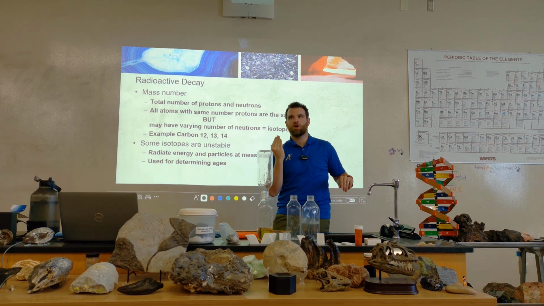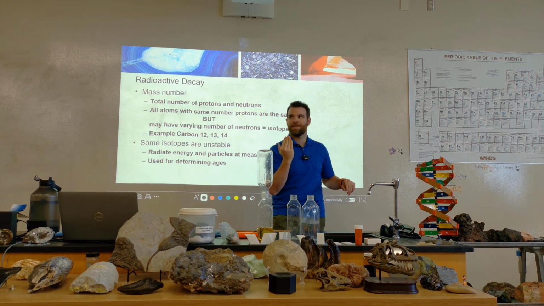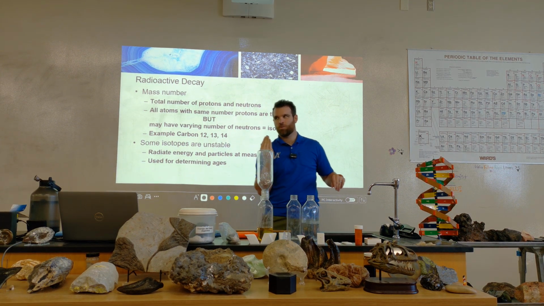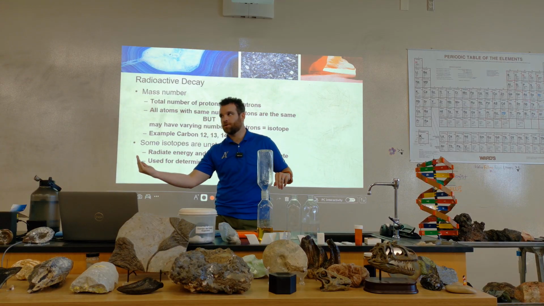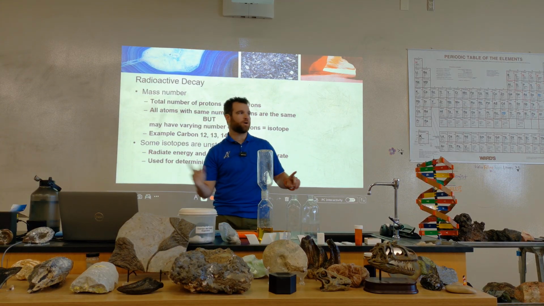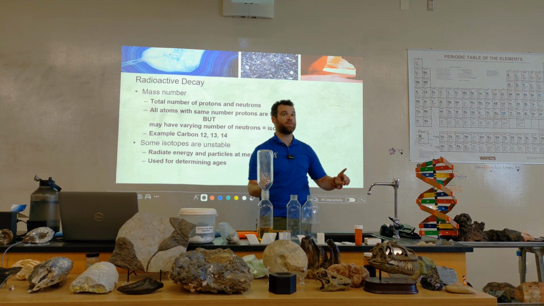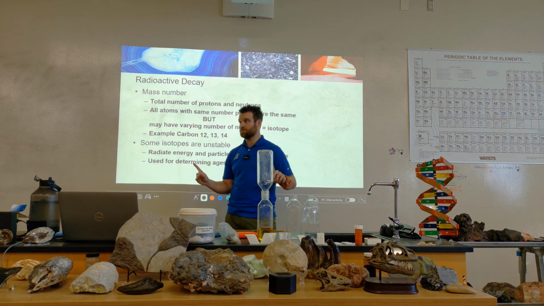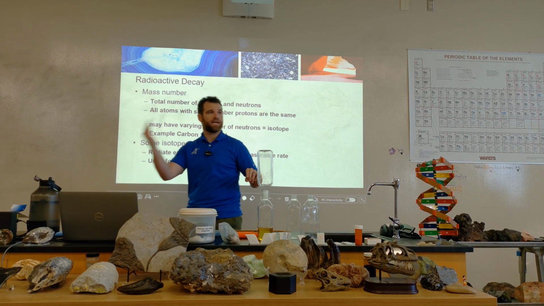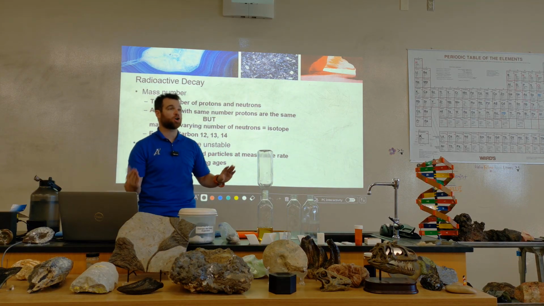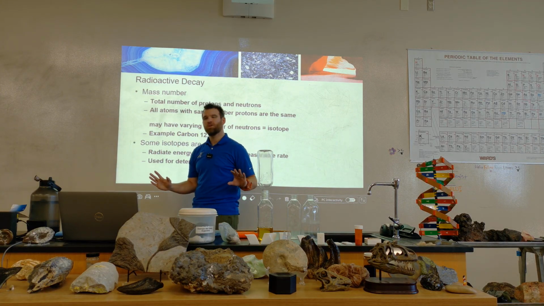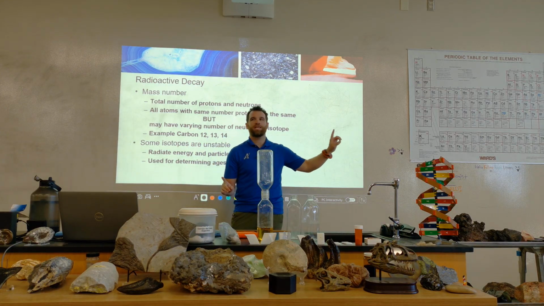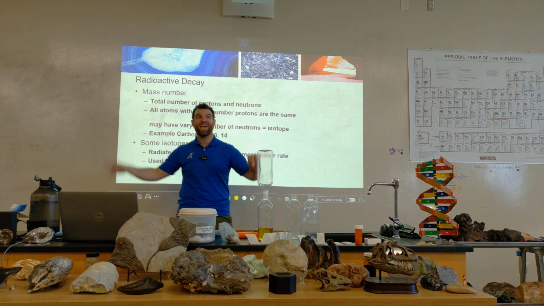When you gain an electron, what does your charge become? Negative. When you lose an electron, what does your charge become? Positive. What do we call those? They have become ions. Positive or negatively charged atoms are called ions. So, change your protons, get a different element. Change your electrons, get an ion.